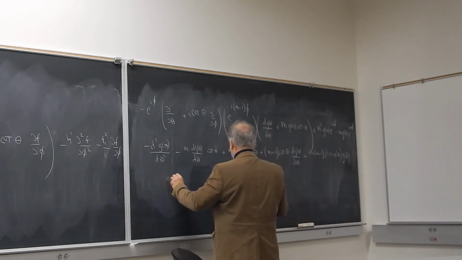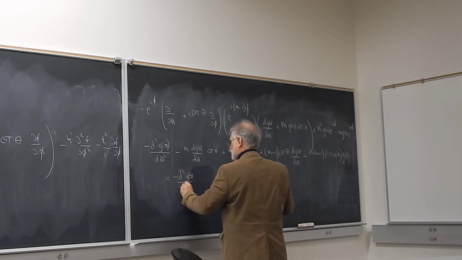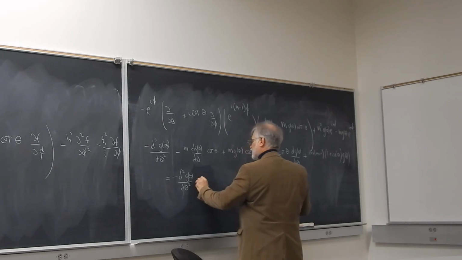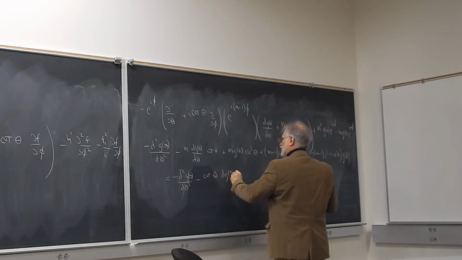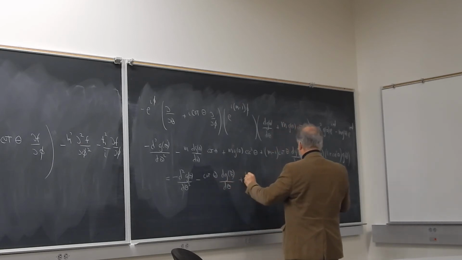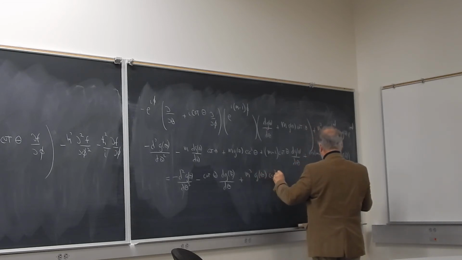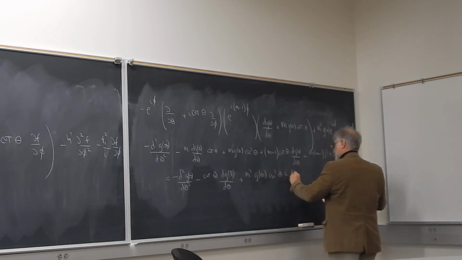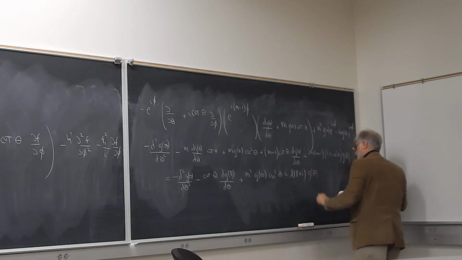Simplify it, it becomes minus d squared g of theta/d theta squared minus cotan theta dg of theta/d theta plus m squared g of theta cosecant squared theta is equal to L times (L plus 1) times g of theta.